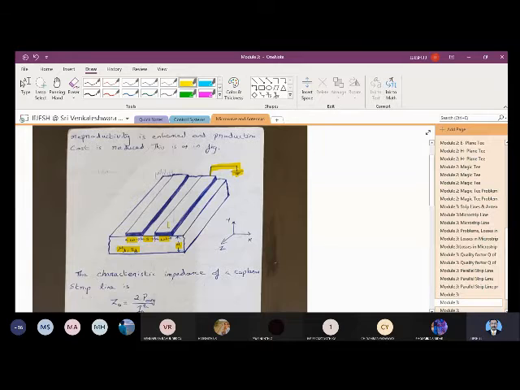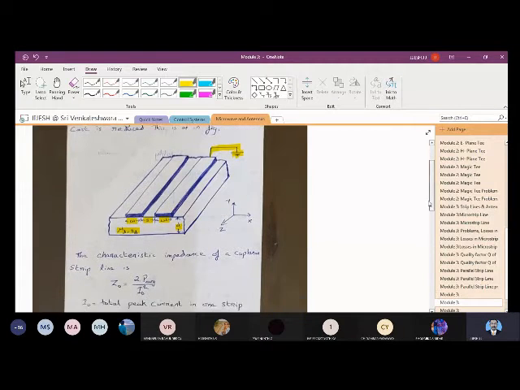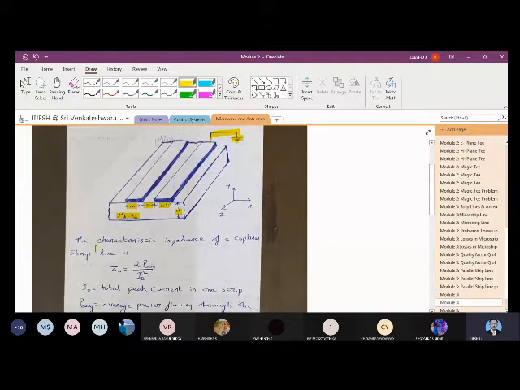Further, we have to know the characteristic impedance of a coplanar strip line, and it is given as 2 P average divided by I naught square.